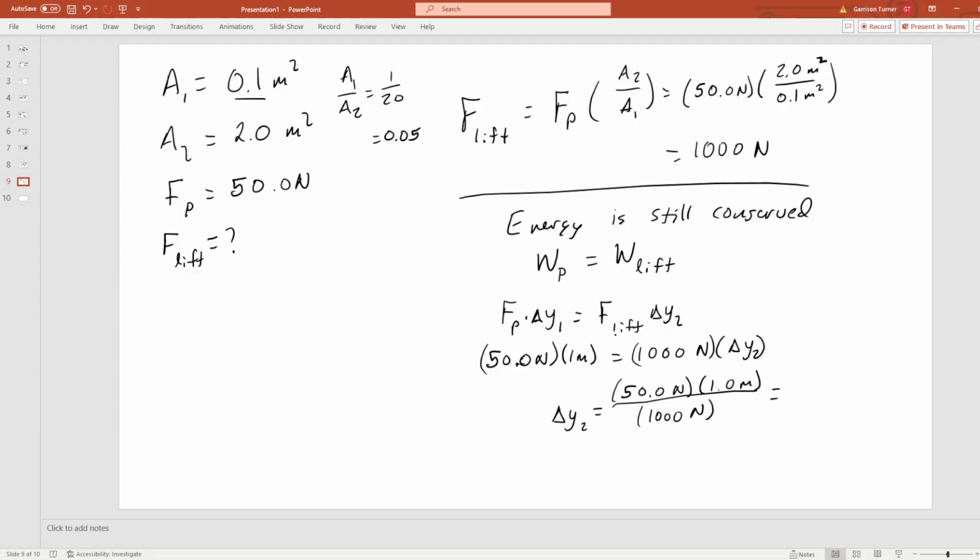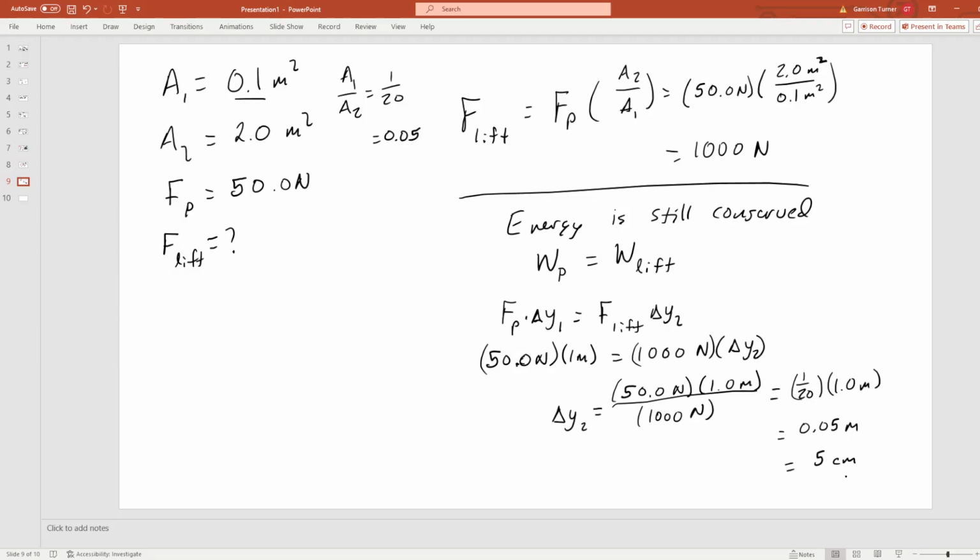or 0.05. Okay, so even though I increase the force 20 times, the lifting distance is going to be 20 times less, right? So this is 1/20th times 1 meter, or 0.05, or 5 centimeters.